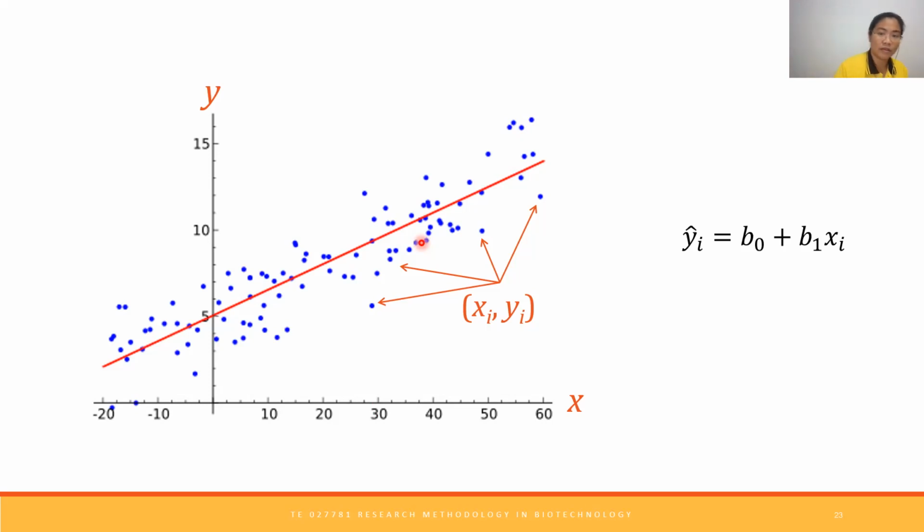At the end of regression, what you have is an equation. In this case, this equation has a y-intercept of 5, so when x is 0, y is 5. So b0 is 5 in this case.